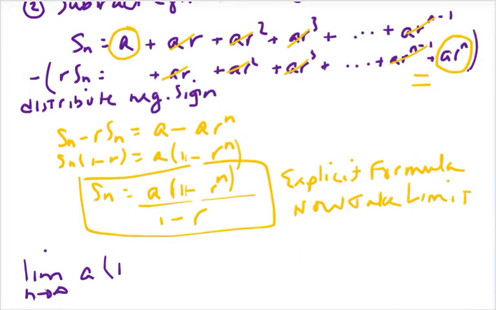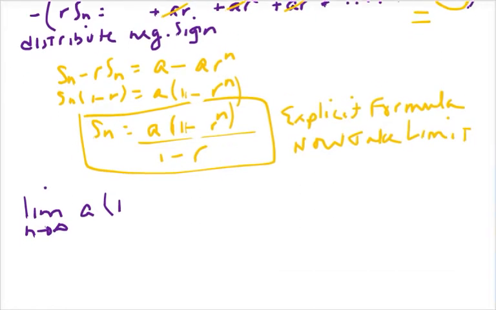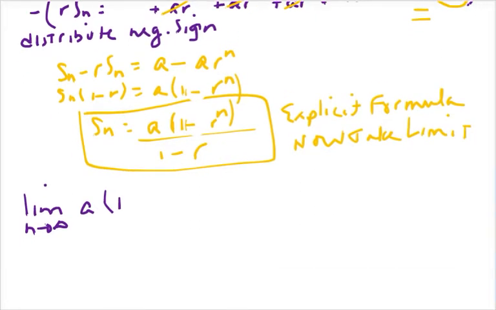So now take the limit of the explicit formula for the sequence of the partial sums. Taking the limit of the explicit formula, you notice that the only term that has an n in it is right here.